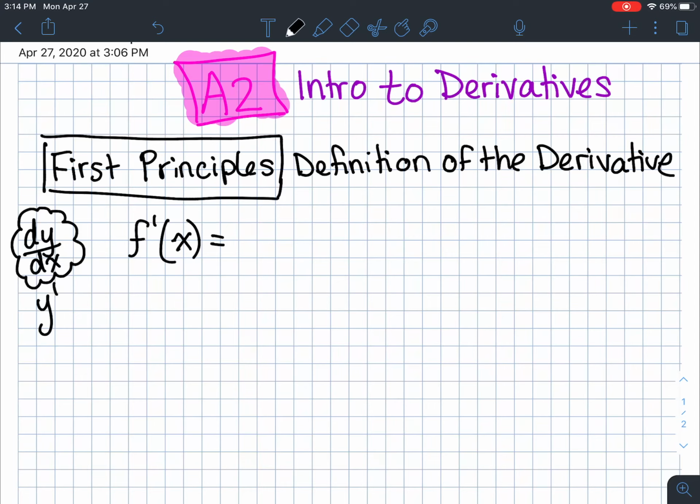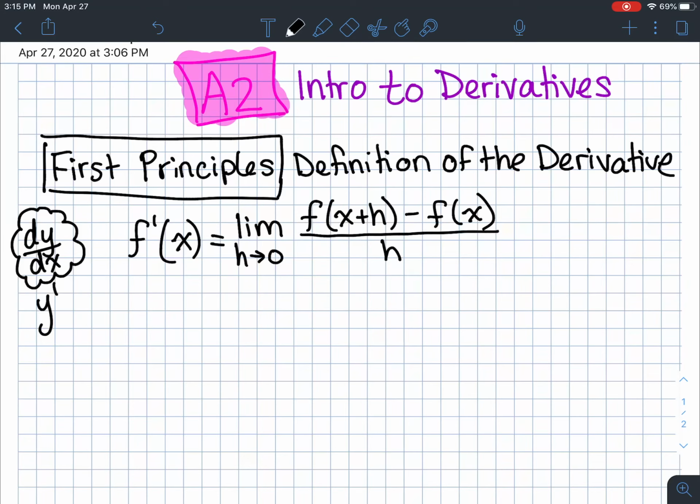Okay, so I'm just going to say f prime of x is equal to the limit as h approaches 0 of f of x plus h minus f of x divided by h. That should look so familiar to you because we basically did that when we were doing slopes of tangents, instantaneous rates of change, because that indeed is what a derivative is.